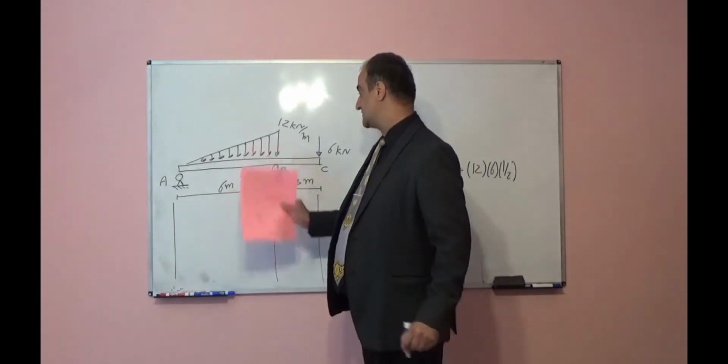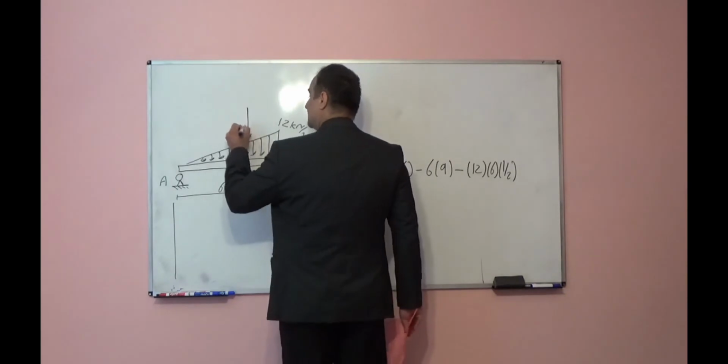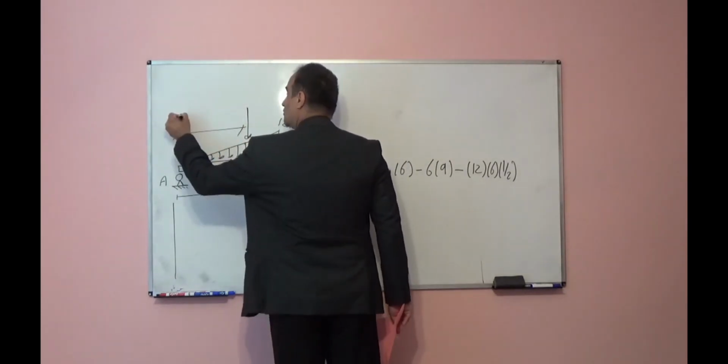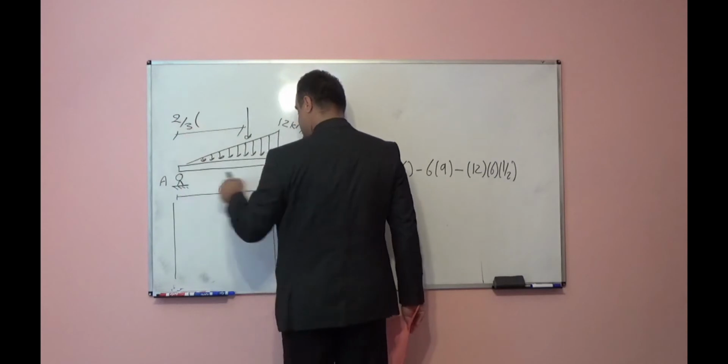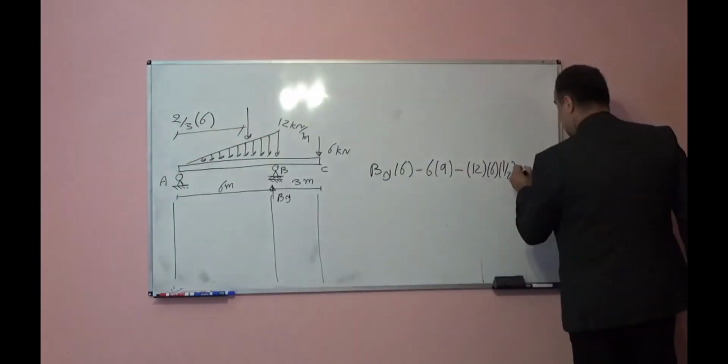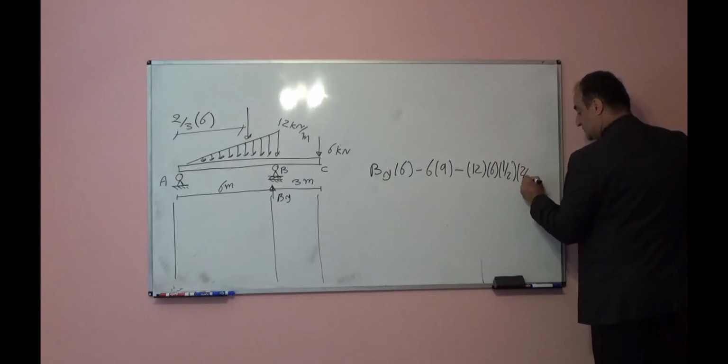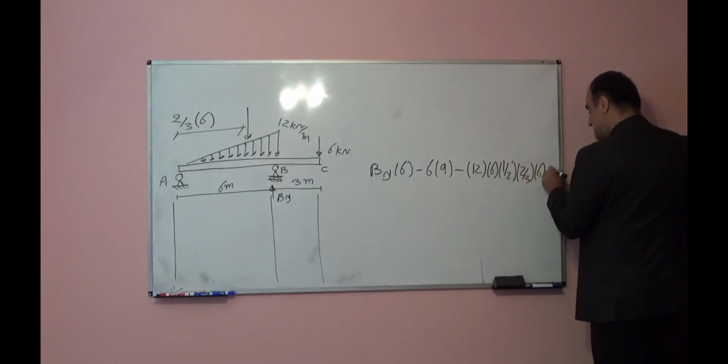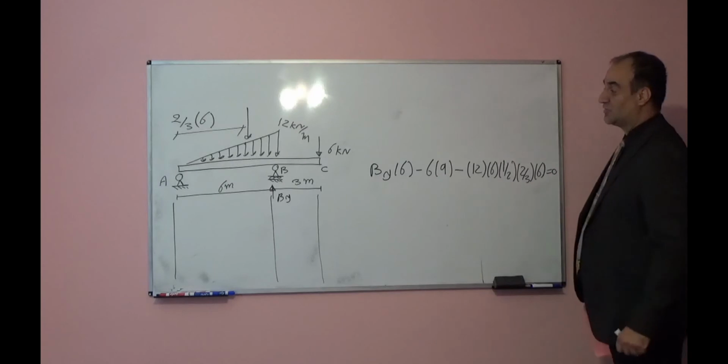At centroid. Centroid from this side, it will be 2 over 3 times 6. So times 2 over 3 times 6 is equal to 0.